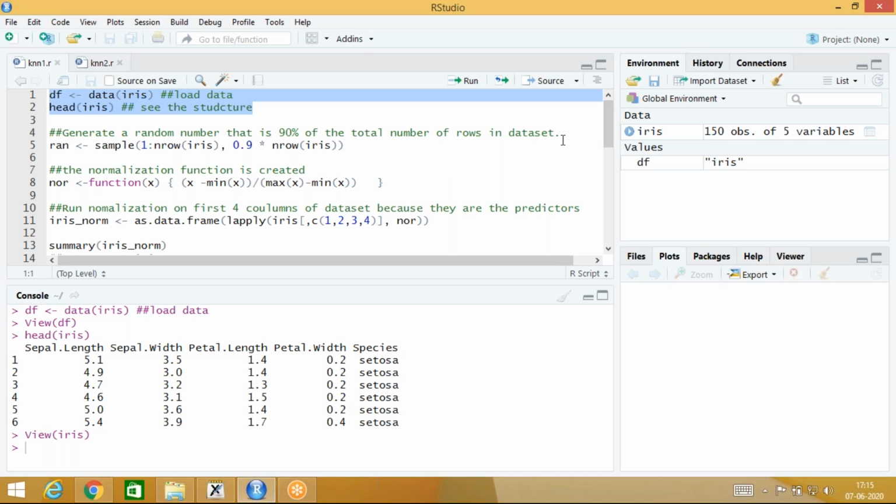Very good. Out of that, you randomly choose, say, 70% or 80%. I will go for the 70-30 rule, so randomly choose 70% of your data set.